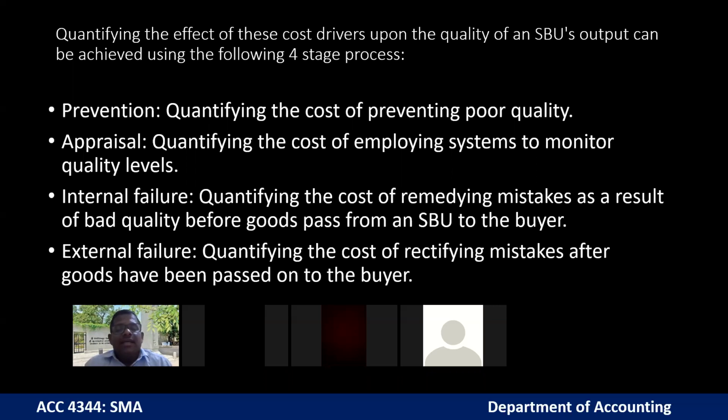Internal failure: quantifying the cost of remedying mistakes as a result of bad quality before goods pass from an SBU to the buyer. External failure: quantifying the cost of rectifying mistakes after goods have been passed on to the buyer.